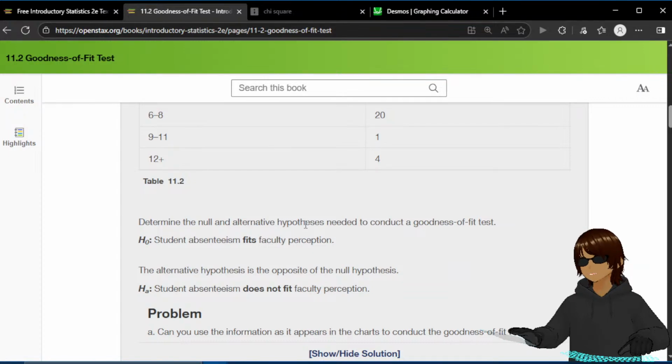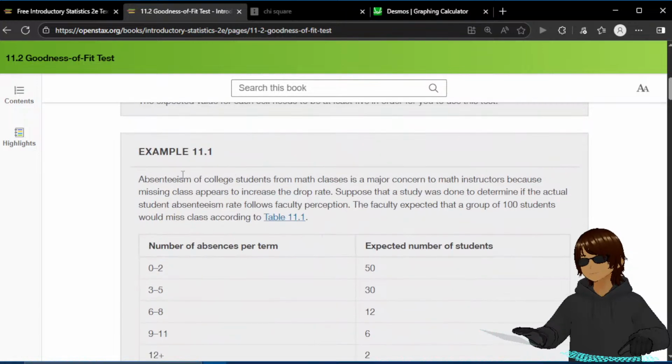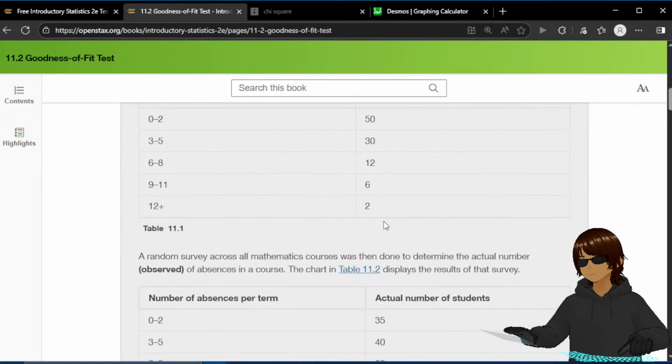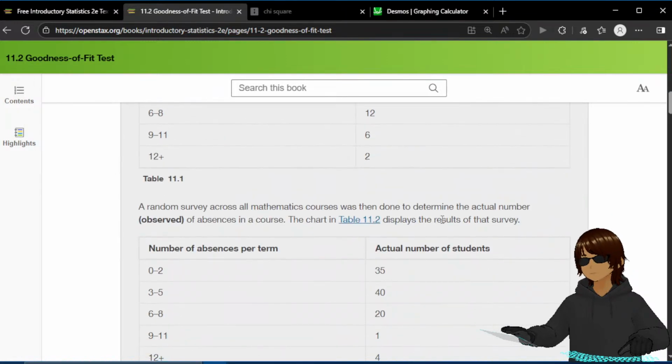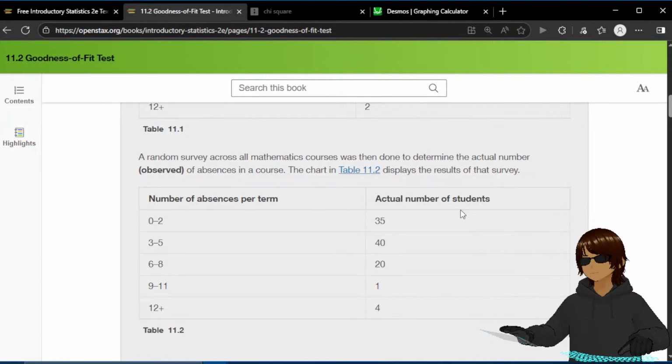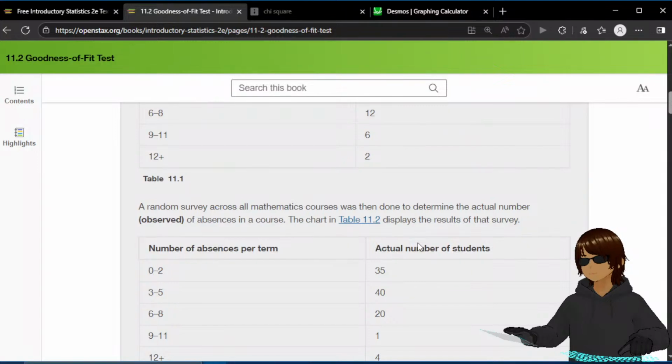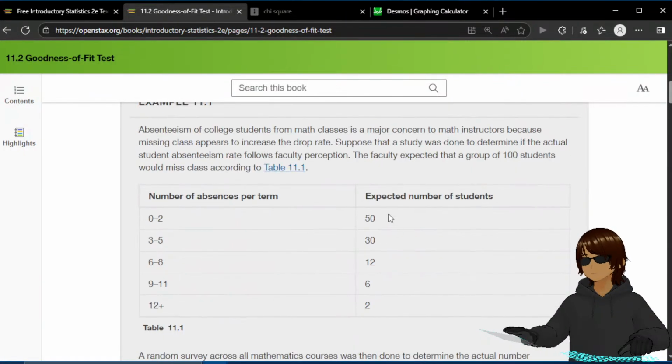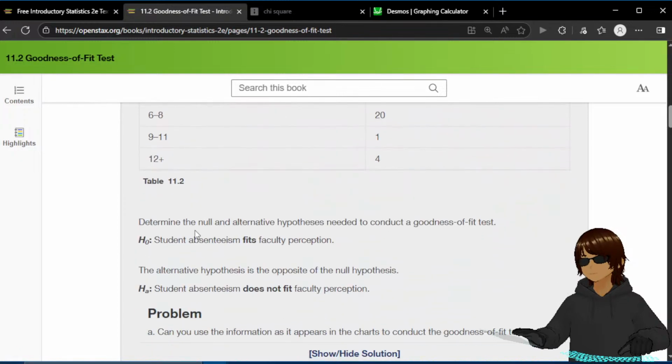Determine the null and alternative hypotheses needed to conduct the goodness of fit test. Goodness of fit test is like, the actual number of students being absent is very close to the expected number.